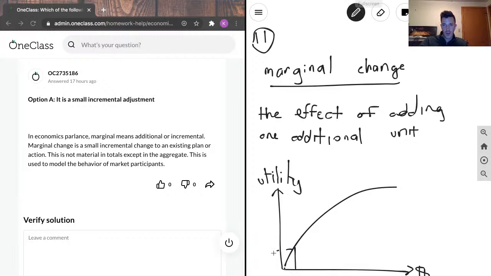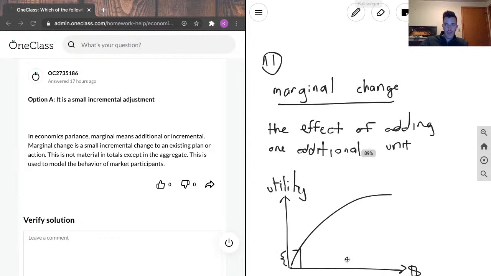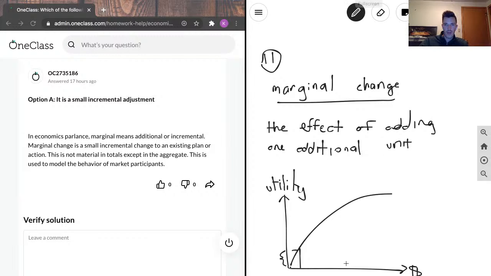Your utility is going to go up by this amount. But if you already have like $5,000 and someone gives you $1,000, then here this should be equivalent to this in length.